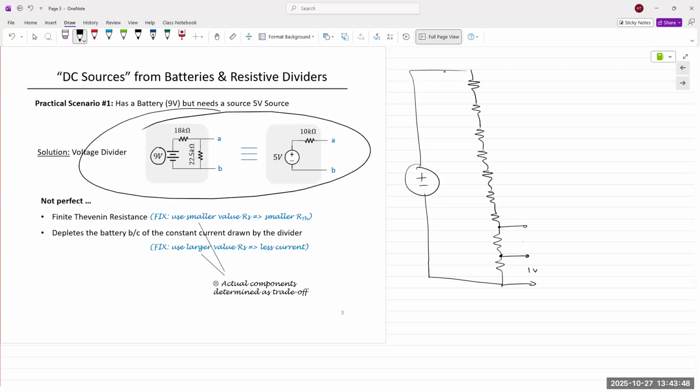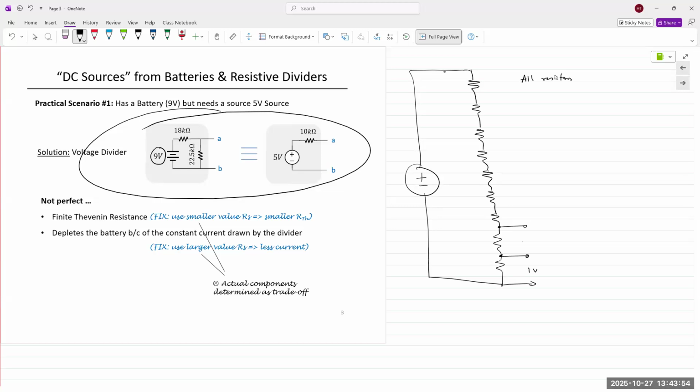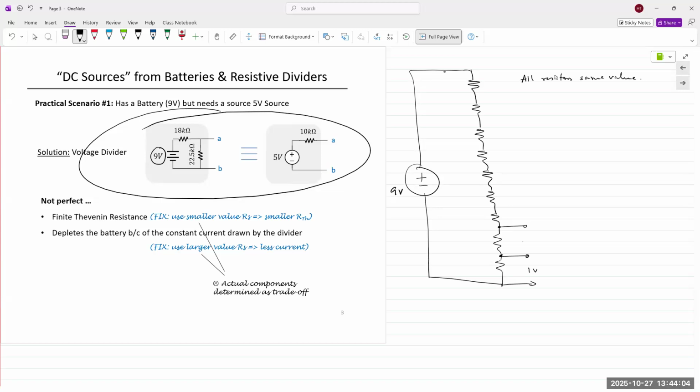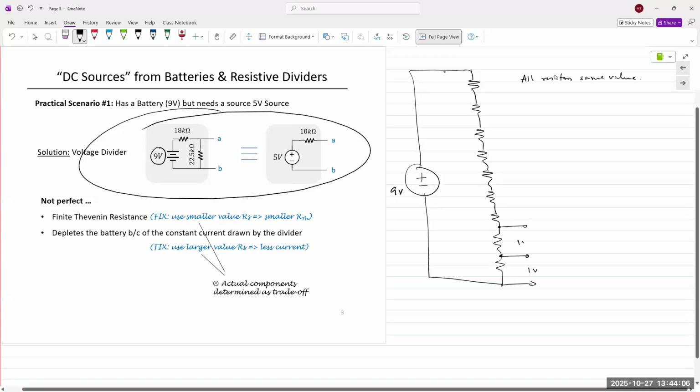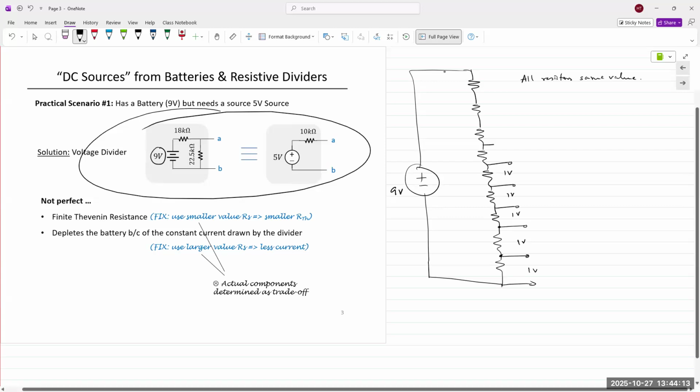So the voltage across each resistor, if all resistors are the same value, then they drop the same voltage across themselves. If there are 9, then it's dividing that 9-volt battery into equal parts. So all resistors will have 1 volt across them.